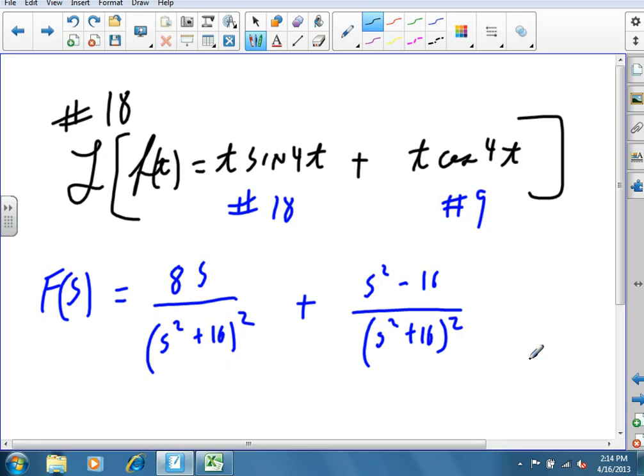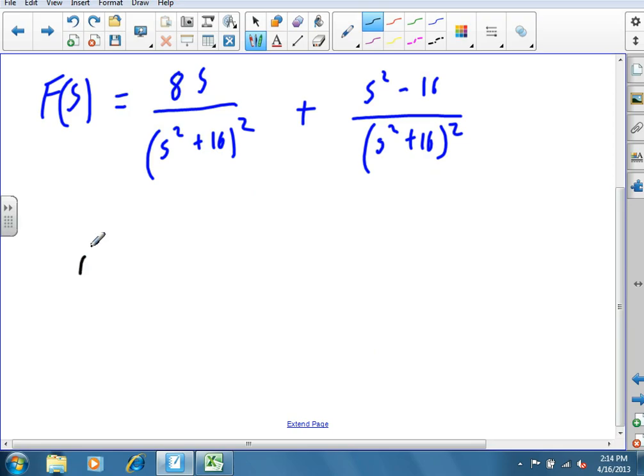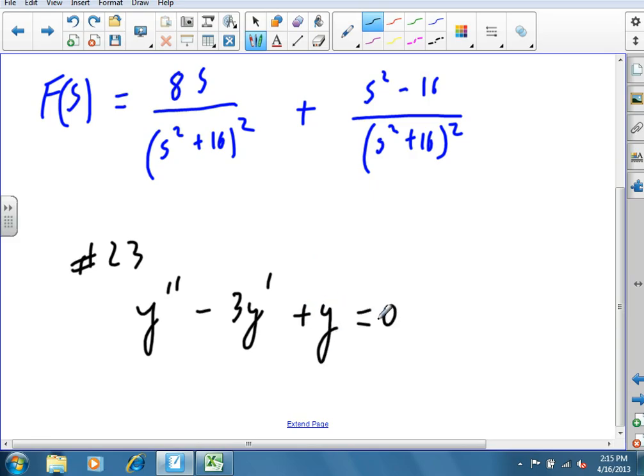And then 23 is next. Number 23. All right, so I've got y double prime minus 3y prime plus y is equal to 0.